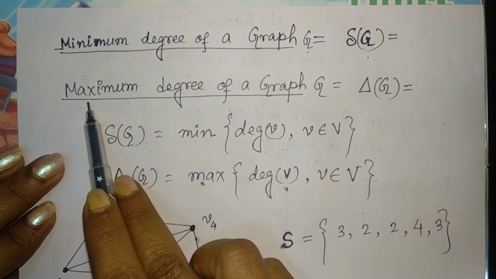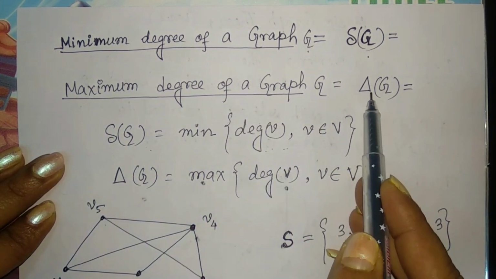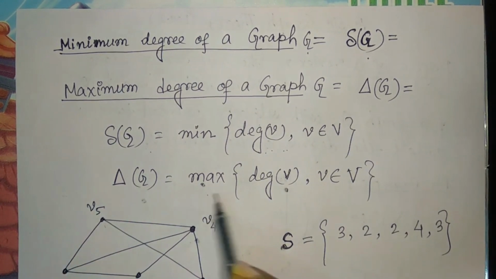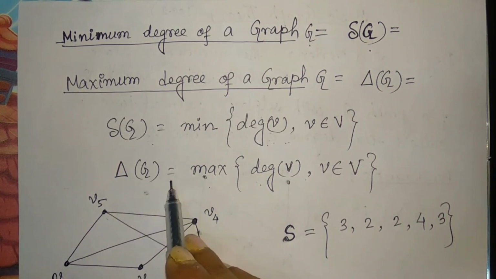The maximum degree of a graph G is denoted by big delta G. In a similar way, it is the highest degree among all the vertices.